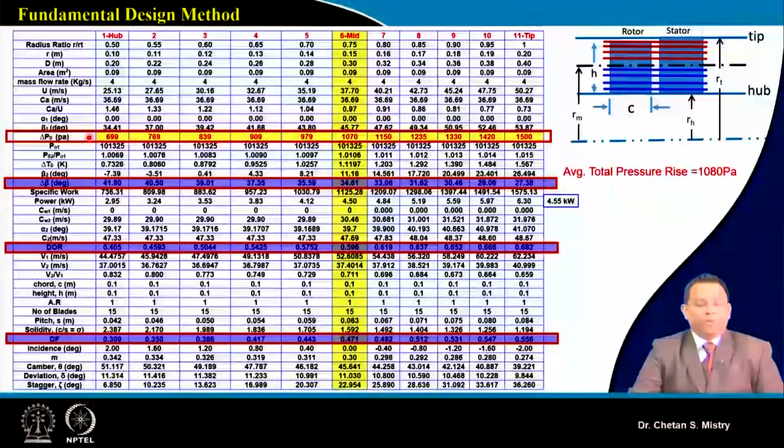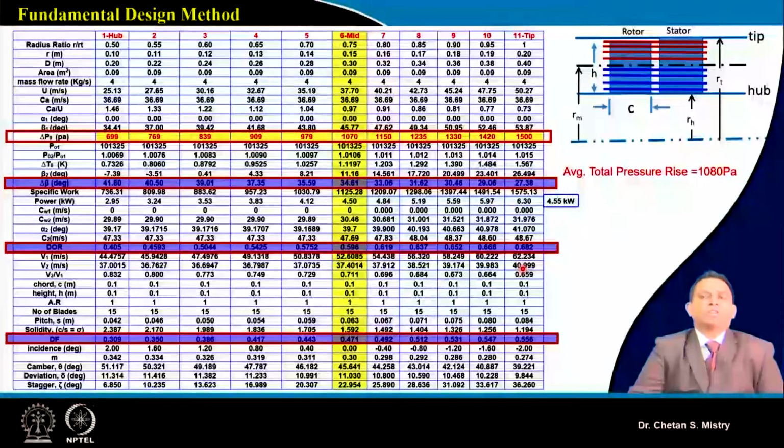Now since we have arranged it in a systematic way, you can see this delta beta has a particular trend. In the same way, you will find a particular trend for the diffusion factor. Keep an eye on the degree of reaction, which is varying from 0.4 to 0.68. At the same time our de Haller's number is varying from 0.83 to 0.65.